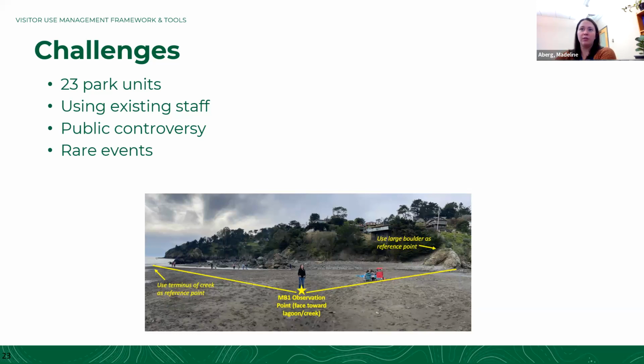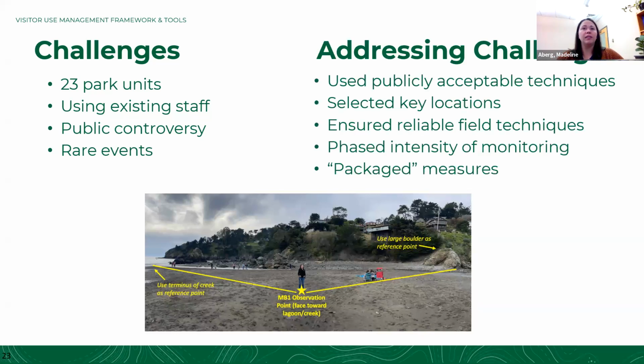A good example of this was dog bites. Those were very inefficient to monitor because observers spent a lot of time without seeing those rare occurrences. And so, lessons learned and things that helped to address the challenges here.